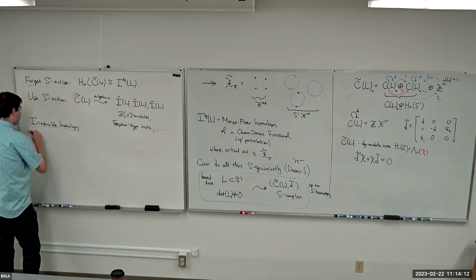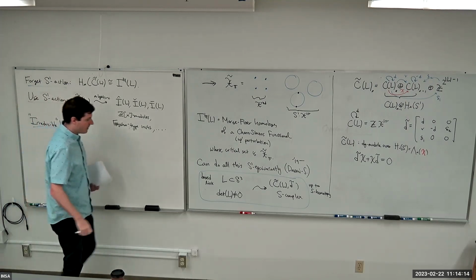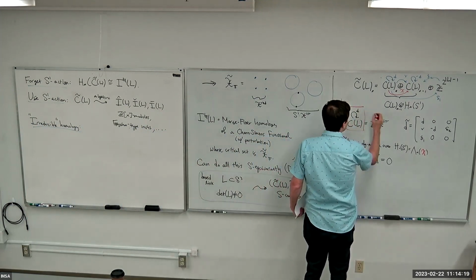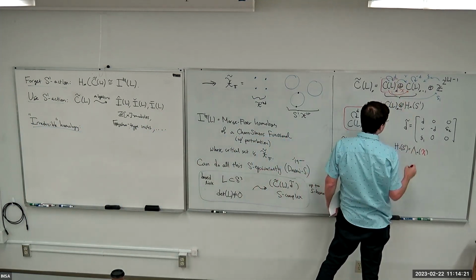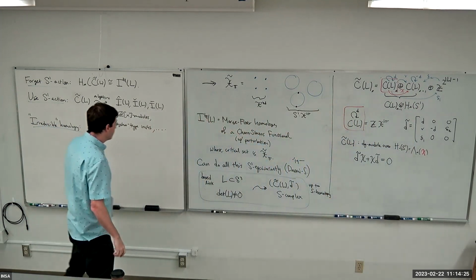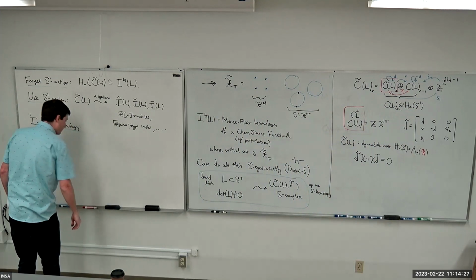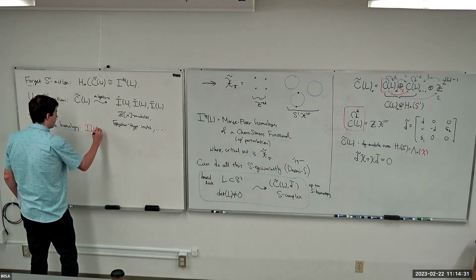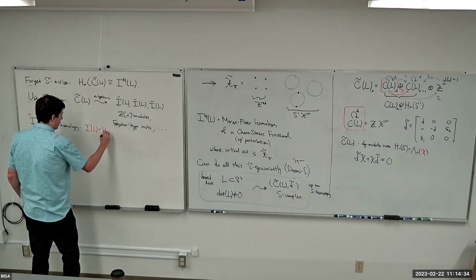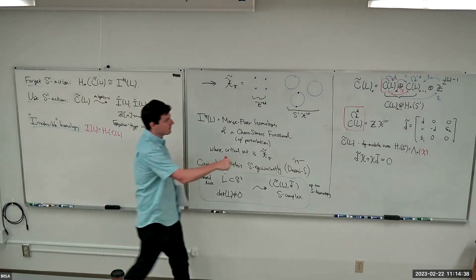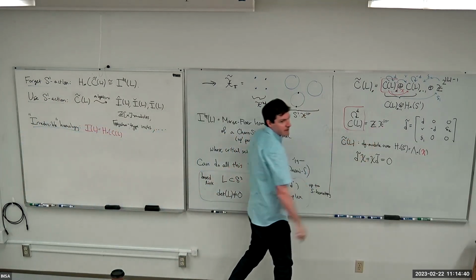And by this I mean, you just focus on this complex just showing up here. So we call this I out. And it's just the homology of the complex whose underlying generators are the irreducible things from the character variety.